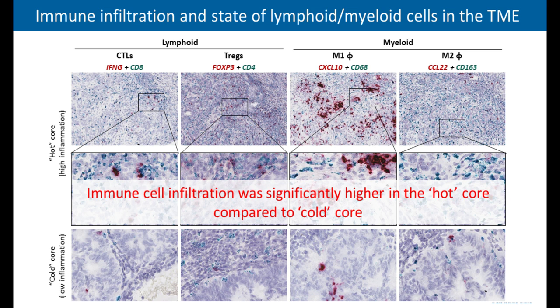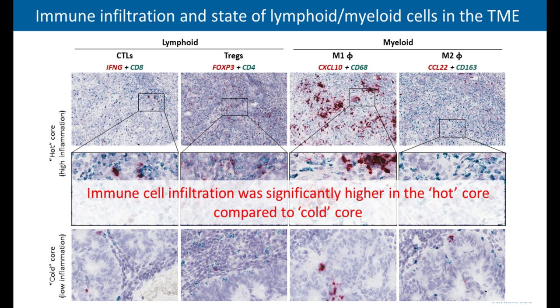When we compared the expression of immune cell markers within these two cores, we see that the 2E2 core, also called the hot core, shows a much higher degree of expression of these immune cell markers compared to 2F1. The markers we have chosen specifically include interferon gamma and CD8, which are markers for cytotoxic T lymphocytes, FOXP3 and CD4, which are markers for regulatory T cells, CXCL10 and CD68 for M1 macrophages, and CCL22 and CD163 as markers for M2 macrophages.